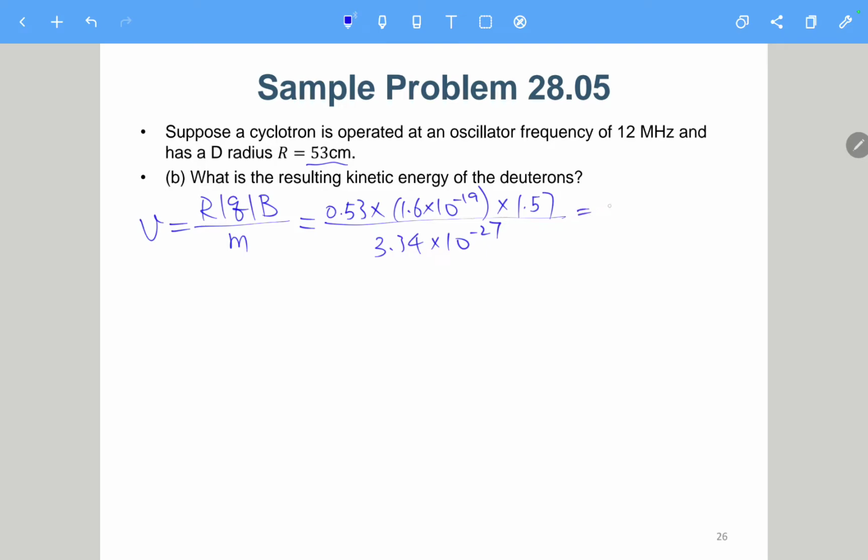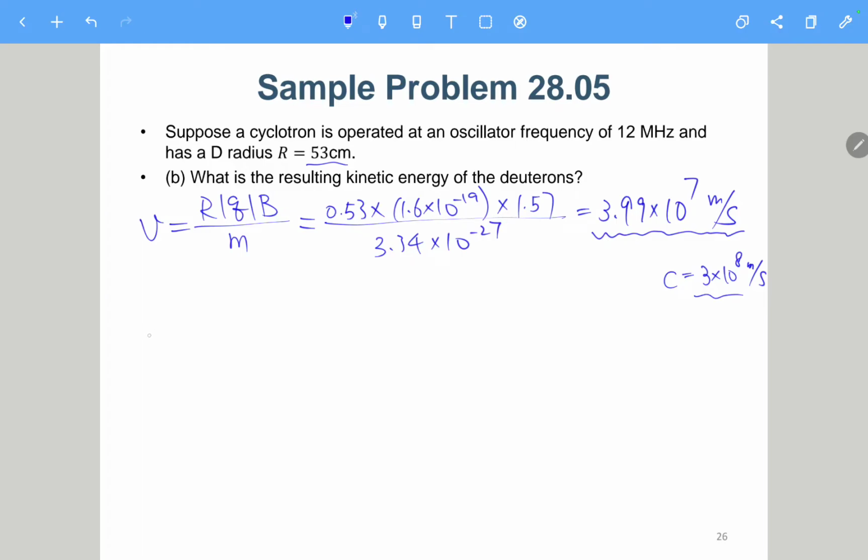So in this case it is 3.99 times 10 to the 7th power meter per second. This speed is quite fast. The speed of light is about 3 times 10 to the 8th power meter per second, so this is over 1/10 of the speed of light. So yeah, this is quite fast.